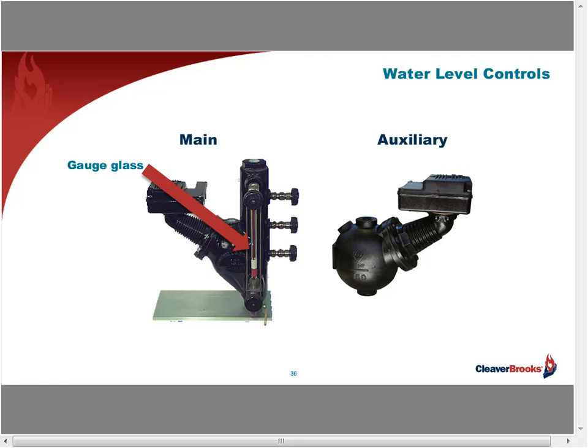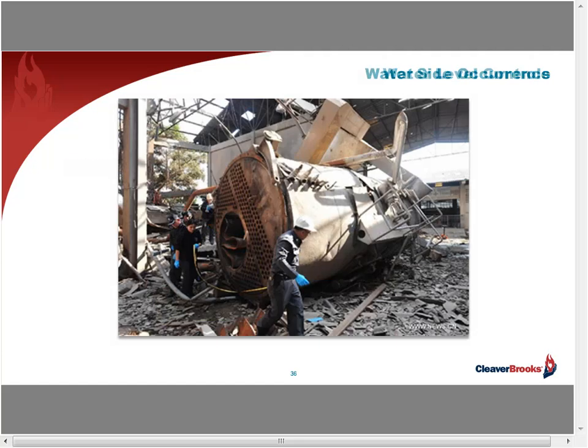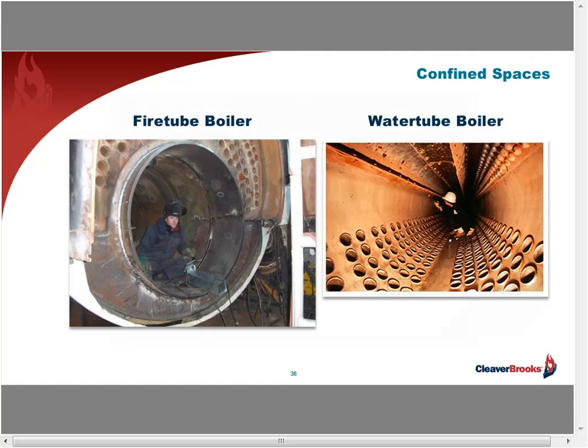And if the low water cutoffs fail and the boiler continues to fire because there's a load, this can happen. Not good.